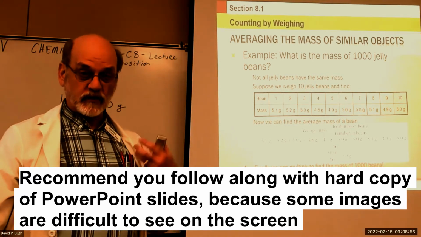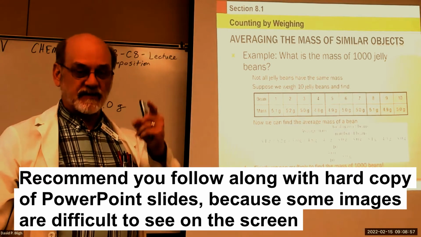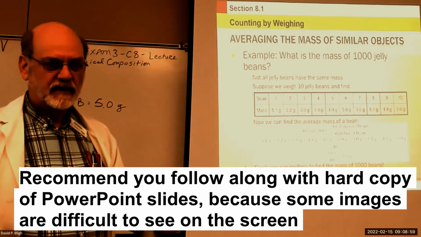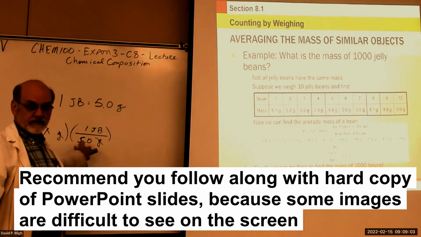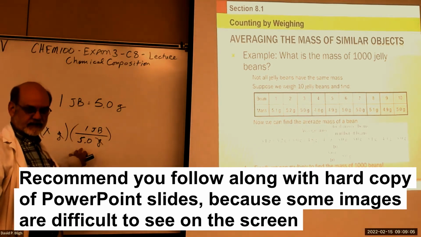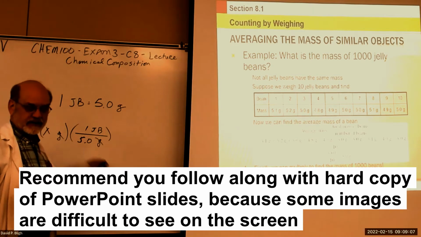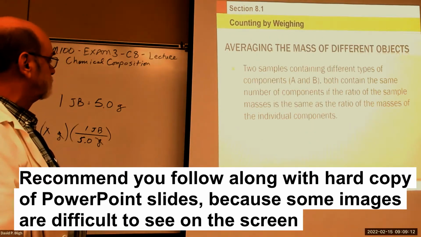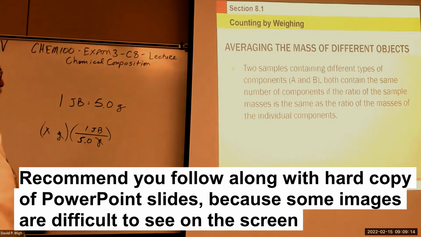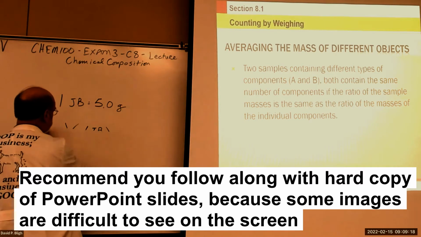An exact number would require that we count every jelly bean in the jar. This is an estimate because 5 grams is an average of the jelly beans. All right. So we have 2 samples that contain 2 different components, A and B.